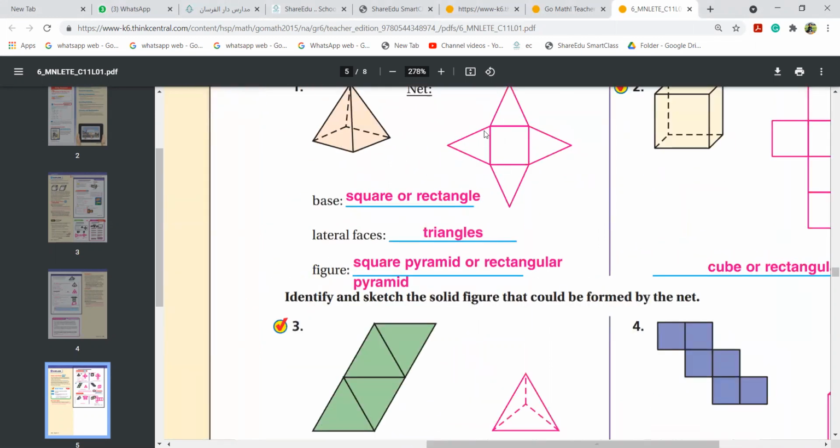Here, the base is what is kept on the ground, but they're not sure whether this is exactly a square or a rectangle because they don't know the measures. We can even write, I can see this is a square, because it's made out of squares. Yes, square and triangle, and you can write square pyramid. That's it.